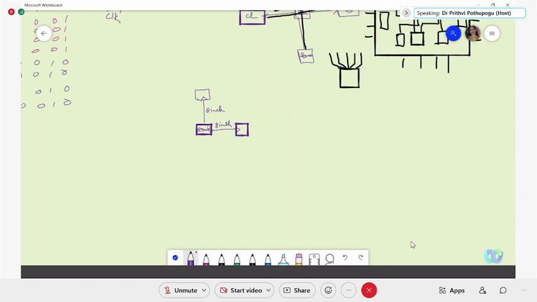Then you will be getting the clock signal at the same moment to both A and B. You cannot take one as a negative edge and one as a positive edge, even if it is centrally placed. Then also clock skew comes.